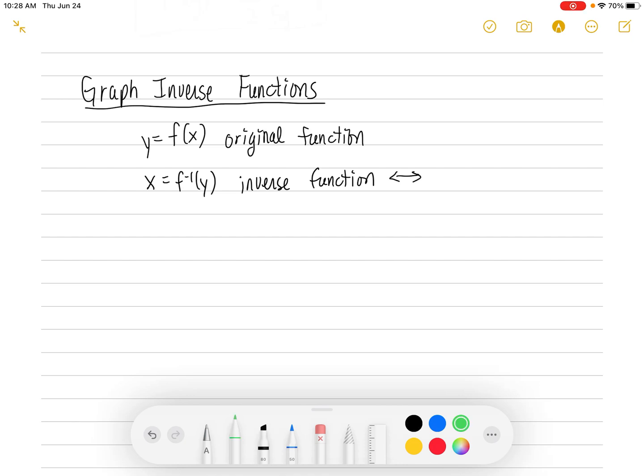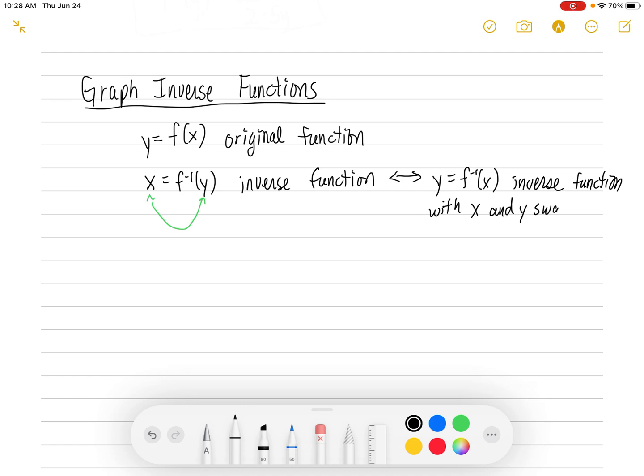Now, if you want to graph these on the same axes, you have to take the inverse function and switch the role of the x and the y. So you write this as y now equals f inverse of x.